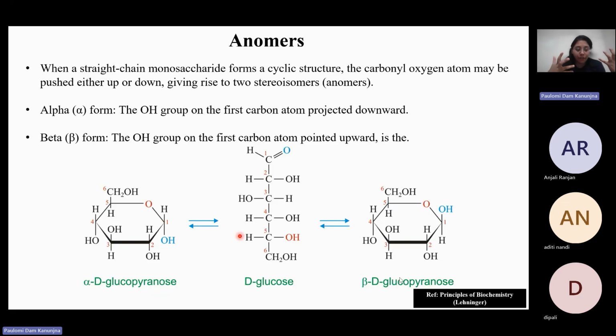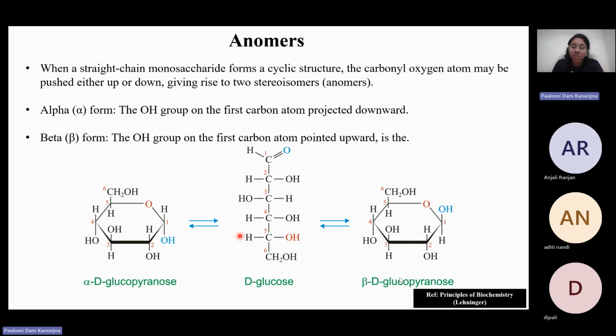See, the chance of the groups attacking each other will still be there because it's in solution. That inherent property is still there, it can form a cyclic structure, but there will be no push from the equilibrium to go into a certain form because there will be no light where it favors a certain kind of structure.